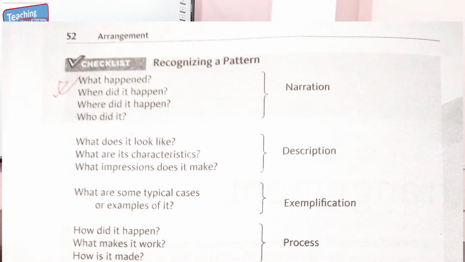When we talk about the steps, process, and some elements, and the combination of those elements, at that time we are following the process of writing. That is very important.